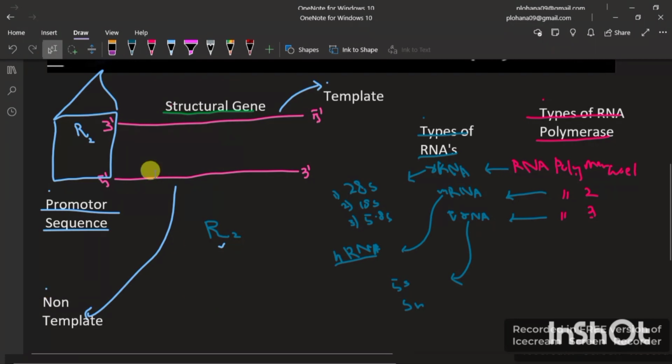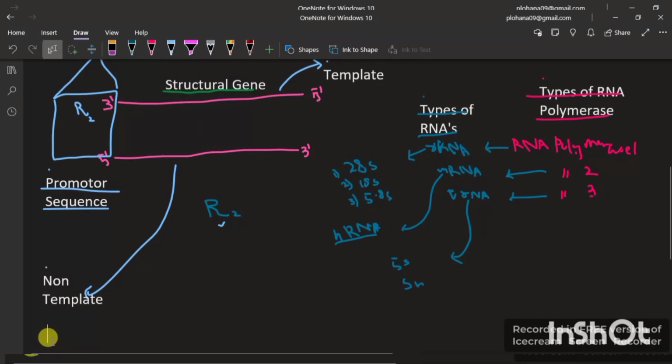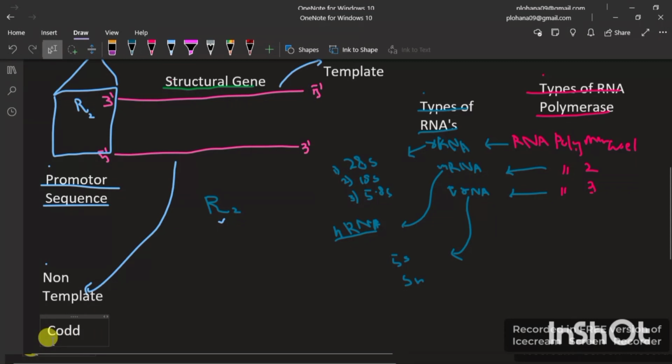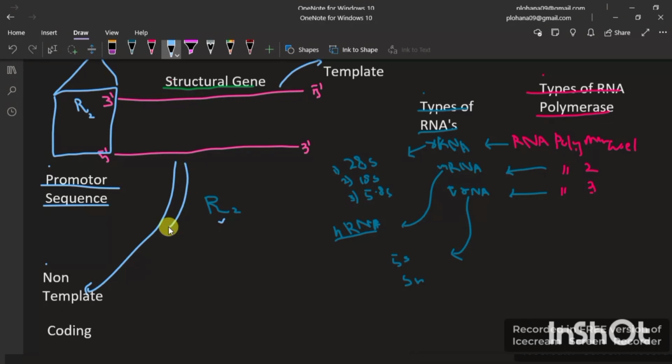Alright? But here is an interesting thing. Here it is non-template strand, but here it has got any other name too, and that name is again we do have, which is coding strand. We know that it is not coding for anything, but still it has gotten the name which is coding strand. Alright? So wait, let me mark here. This is coding.